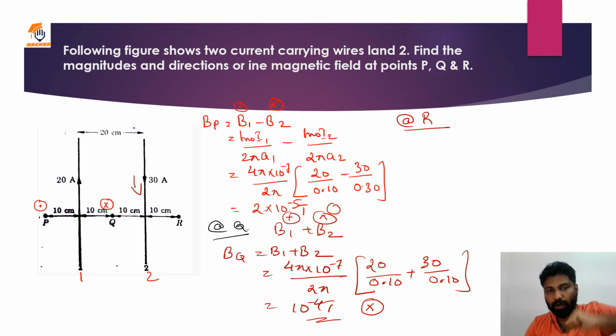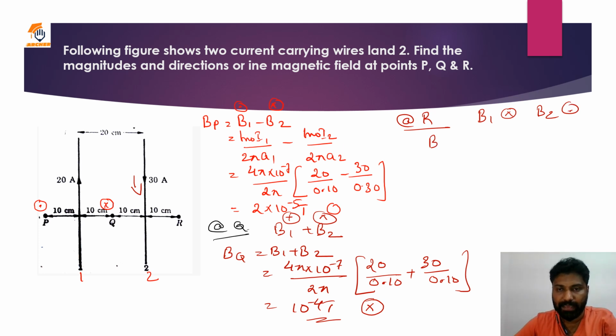So this will be inward and this will be outward direction. So here we will get B1 inward, B2 outward. So again at R, B2 minus B1 will come.